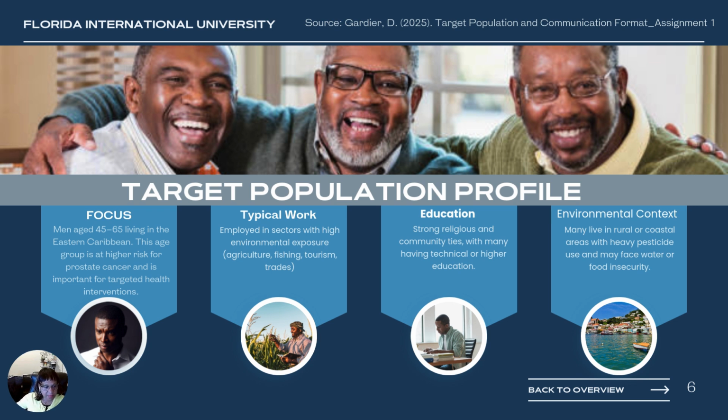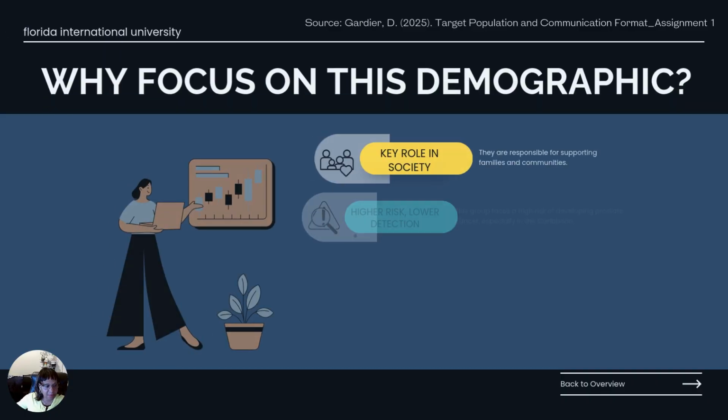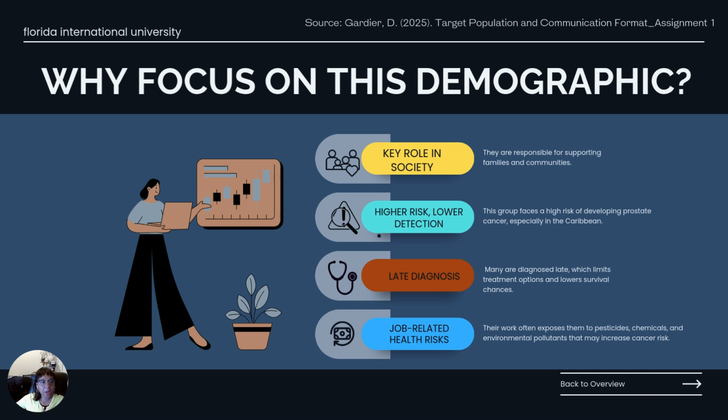Next, I will explain why I chose to focus on this demographic. Again, these men aged 45 to 65 play a key role in society, right? Because they are responsible for supporting their families and their communities.